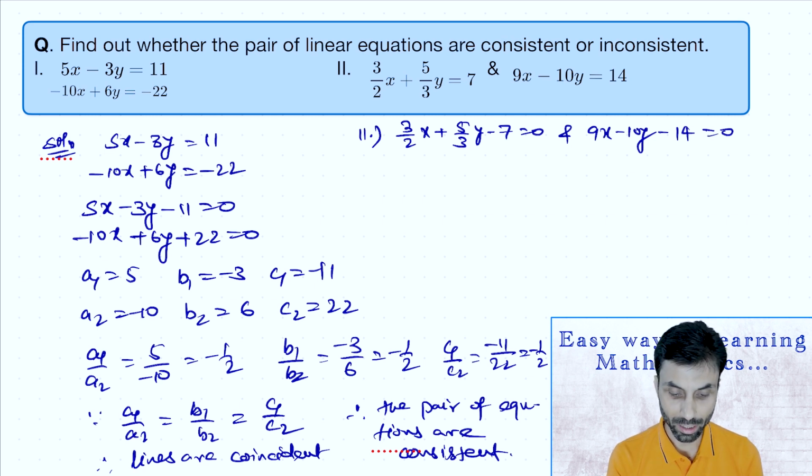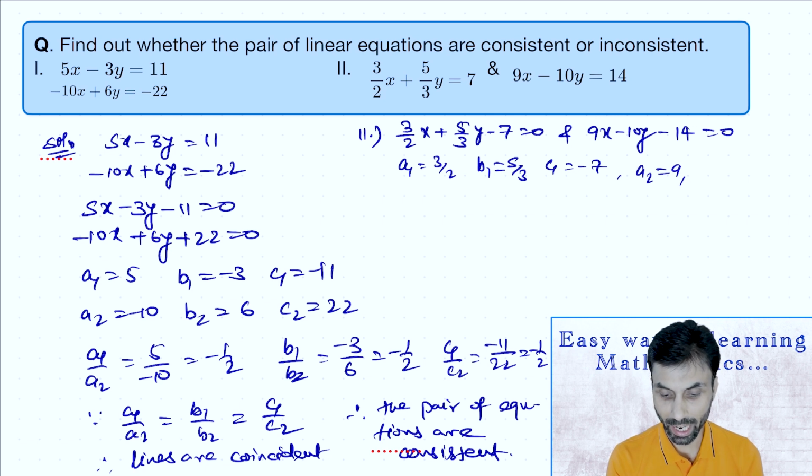In this case, the value of a1 is 3 by 2, b1 is 5 by 3, c1 is minus 7. And a2 is 9, b2 is minus 10, and c2 is minus 14. Let's find out the ratios now.